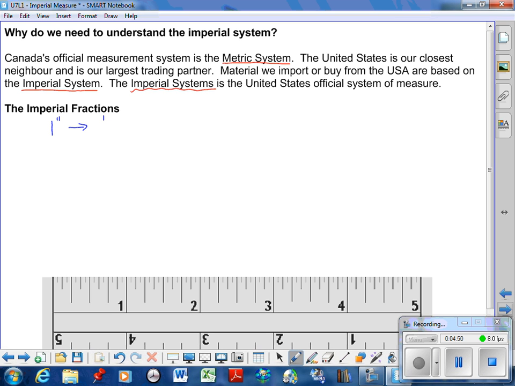So you can measure half inches, and little quotation marks represents or means inch. Okay, so the notation there, that's our short form for inch. So a half inch, we do quarter inch. We can measure an eighth of an inch, and we can measure a 16th of an inch. And that's as low as we can really go here.